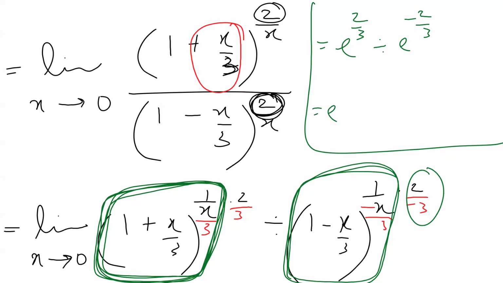Using a raised to m divided by a raised to n is a raised to m minus n. And note that x approaches 0, so x by 3 also approaches 0 and minus x by 3 also approaches 0. So this is one extra problem from my end.